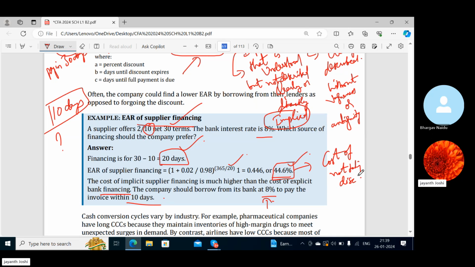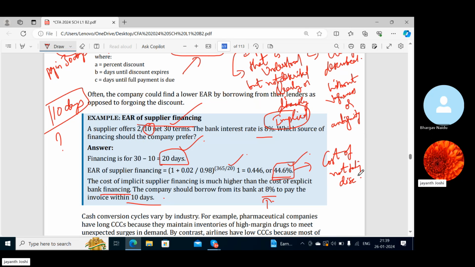Because if you are not taking the discount, it is costing you 44.6%, but the bank is giving you a loan at 8% interest. So which is the cheaper option for you? Taking the bank loan, right? So this is a scenario where we don't have the cash to pay immediately, and that is why we will take the loan and pay.